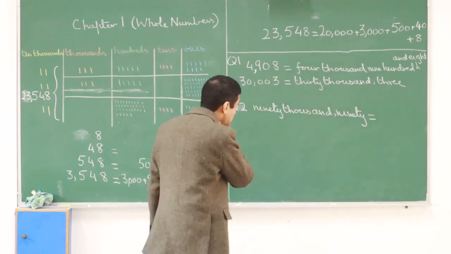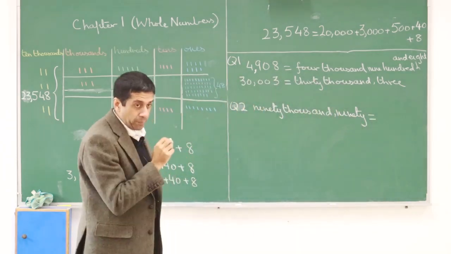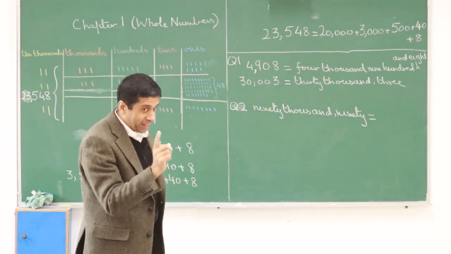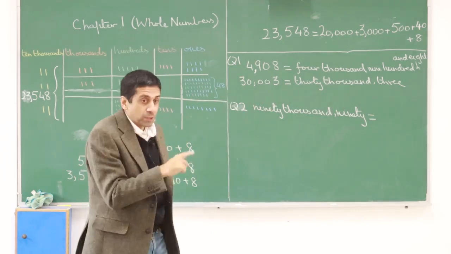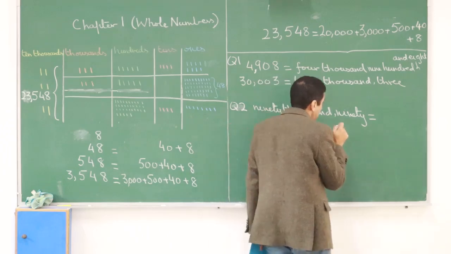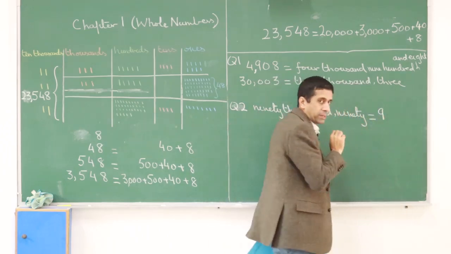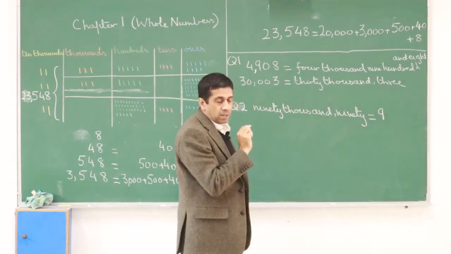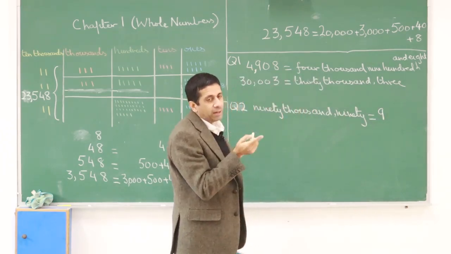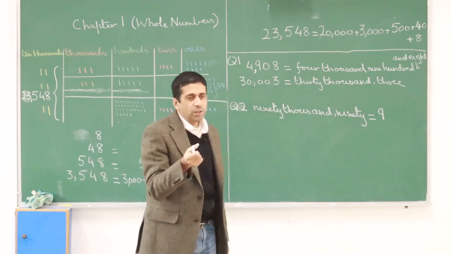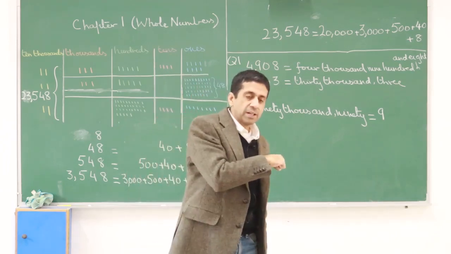So how many 10,000s are there? 9 10,000s, 91,000s, but 9 10,000s. So there are going to be 9 10,000s. How many 1,000s? None. Well, it was a trick question. You could say either 90 1,000s, but we've already given the 9 10,000s over here.